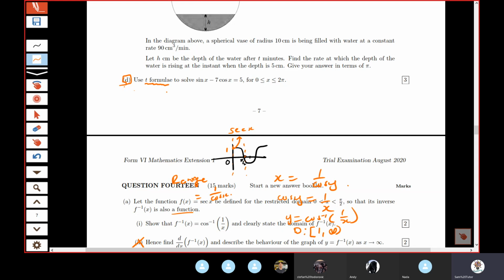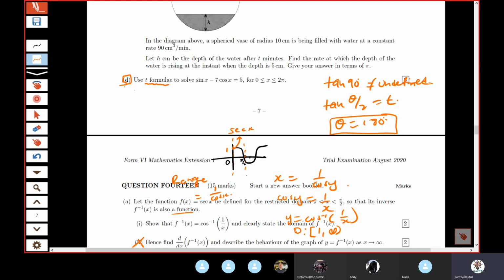The t formula has a problem because tan 90 degrees is undefined. When you're using t equals tan theta on 2, if theta was 180, you are automatically excluding that.